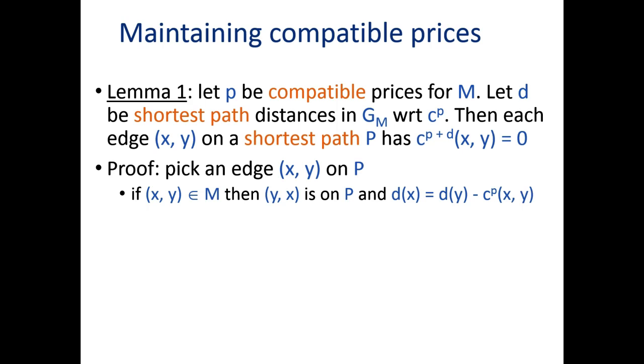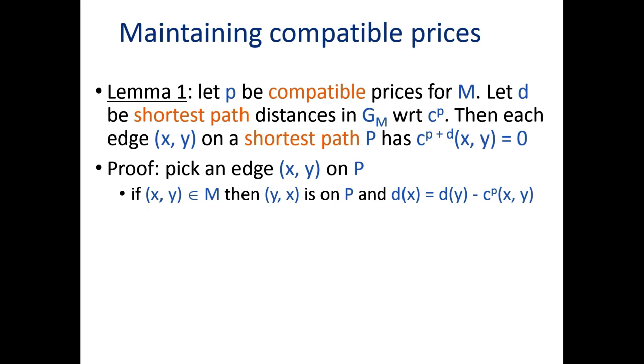Okay, so what follows from this? Suppose XY is in the matching. XY in the matching is like a red edge there. So on the path, we have that edge traveled in the backward direction. In the residual graph, it's an edge going backward, and it's on the shortest path.